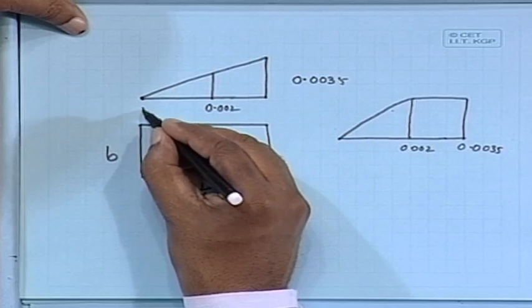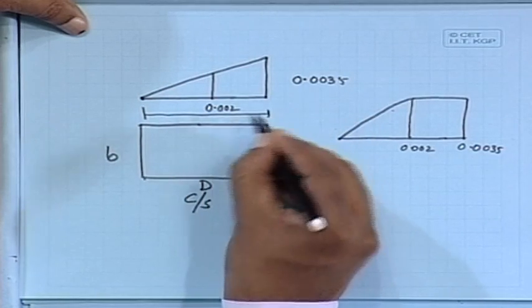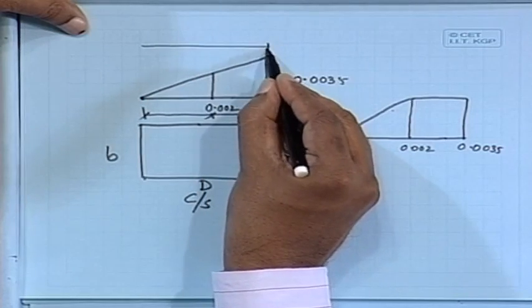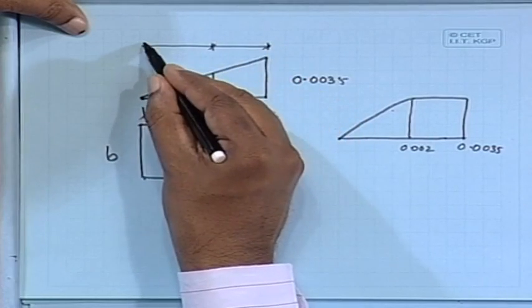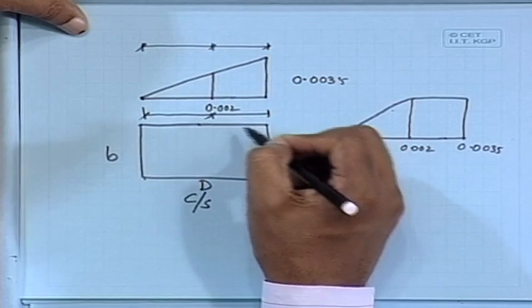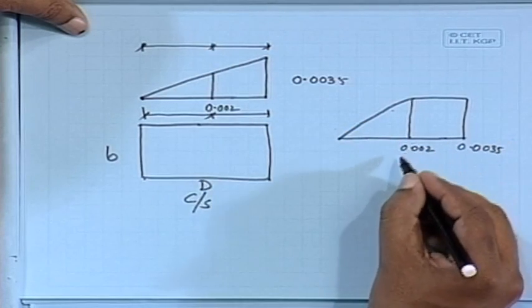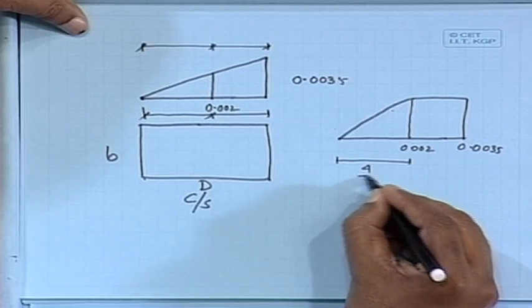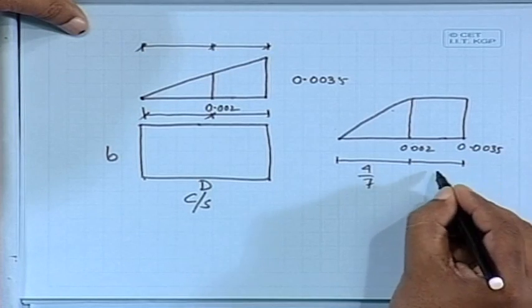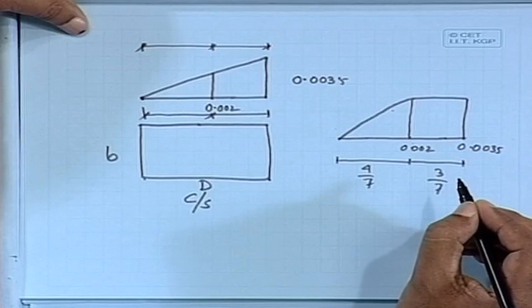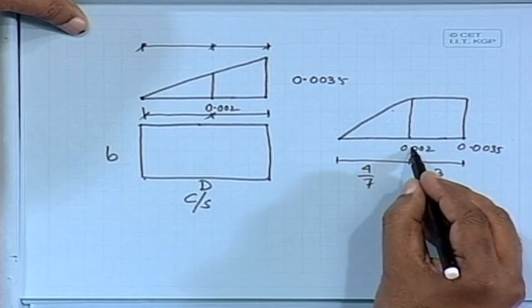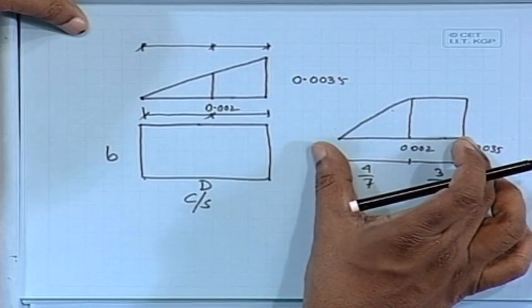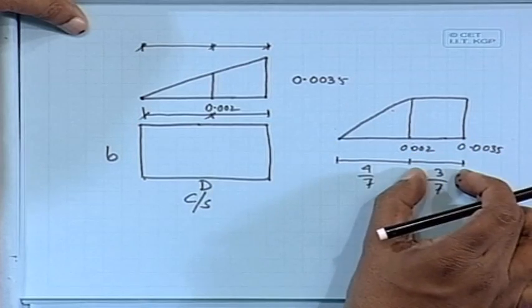So, how much is this portion? We have two parts. Because of 0.002 and 0.0035, one part will be 4/7 and the other portion 3/7.